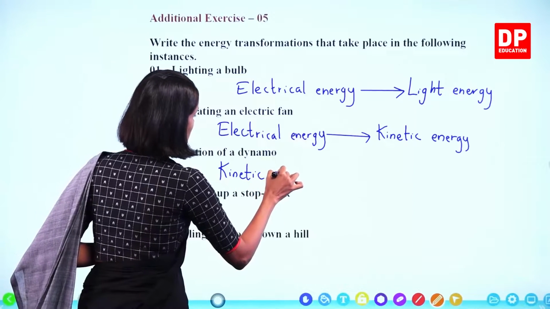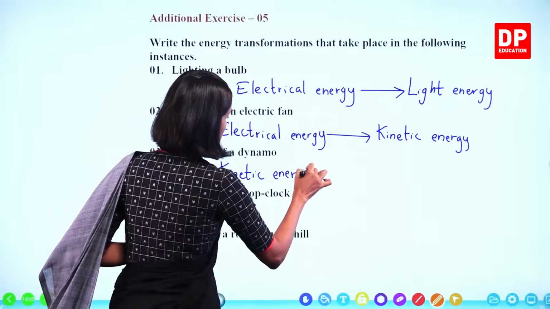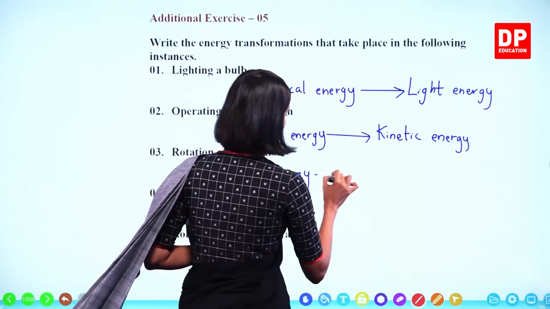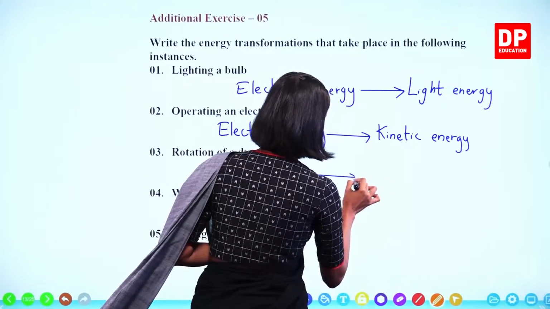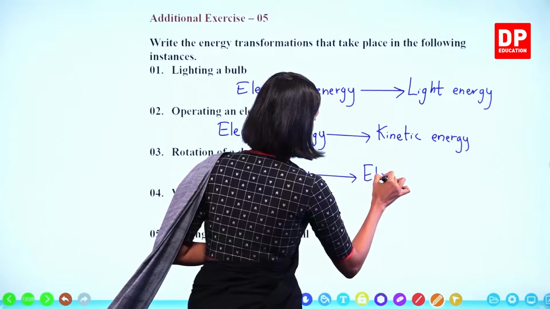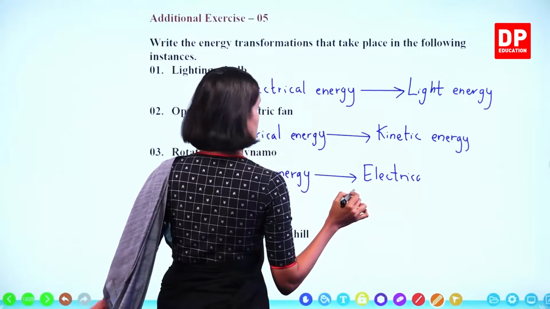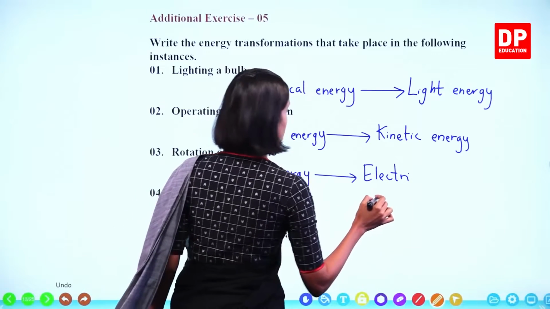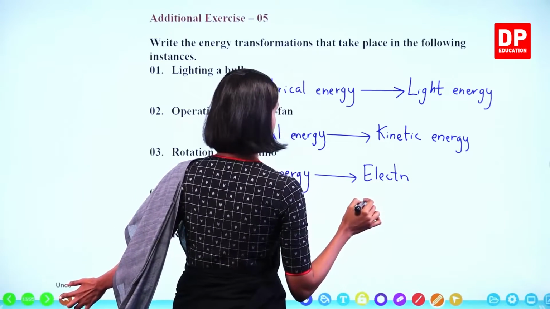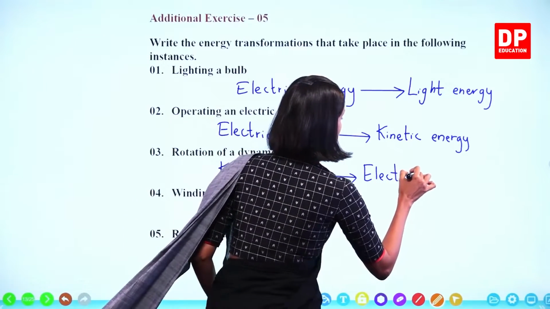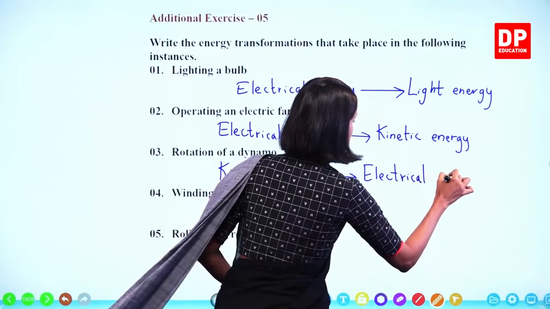Kinetic energy is converted to electrical energy.